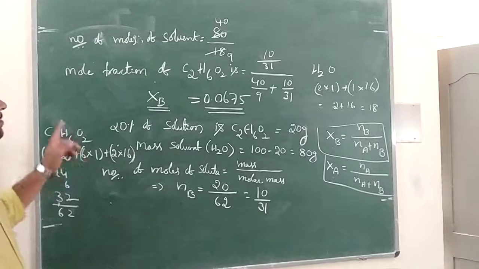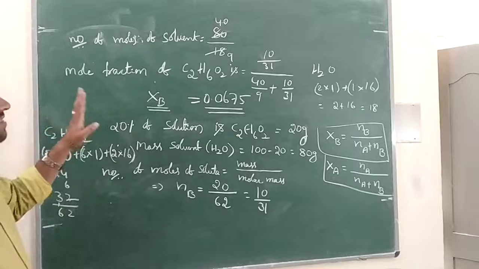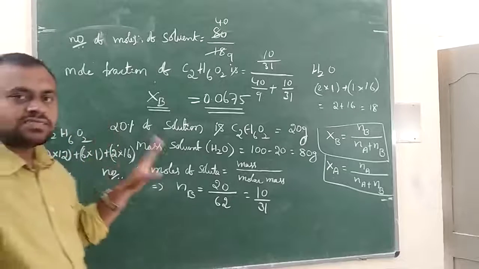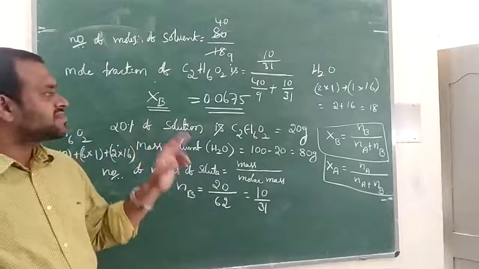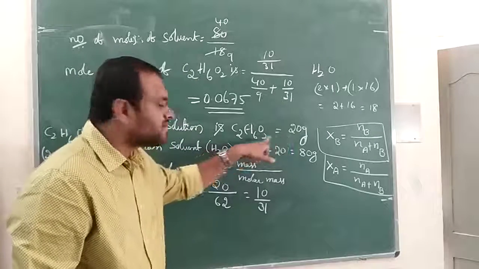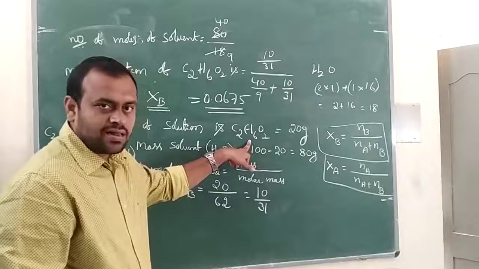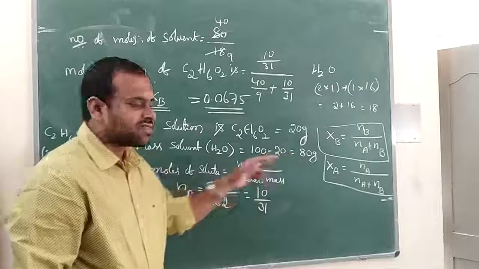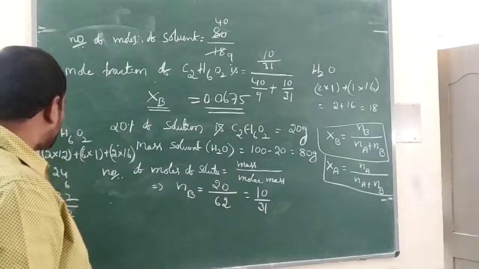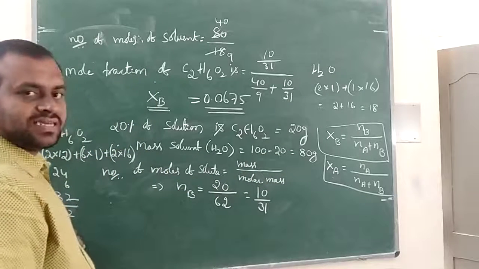Once again I will repeat. To calculate the mole fraction of ethylene glycol, what I took: first, the mass of solution is 100 grams. In that 20% means 20 grams. It is the mass of ethylene glycol. So that means for solvent the mass will be 80 grams. Then the molecular mass of ethylene glycol, we will get 62 grams.